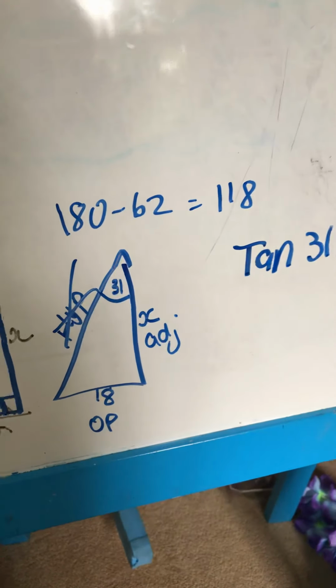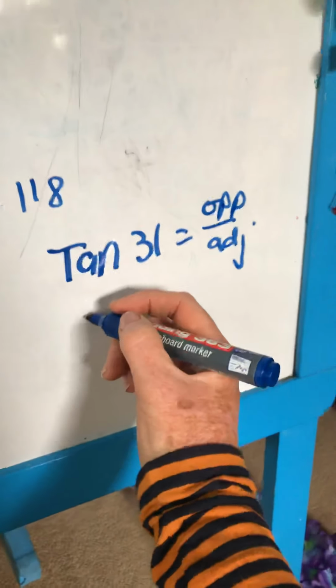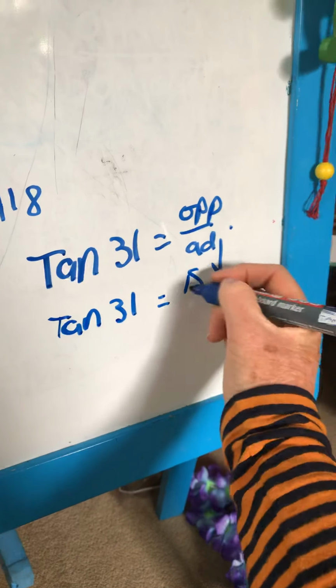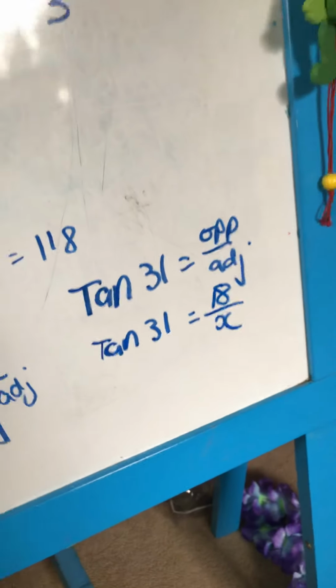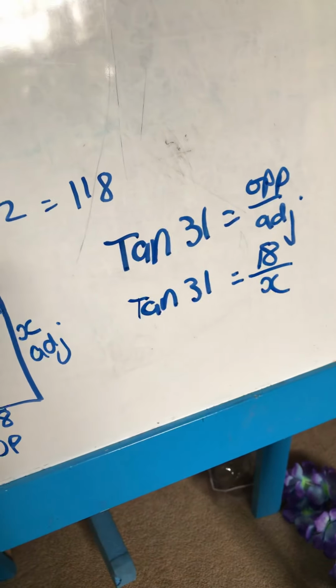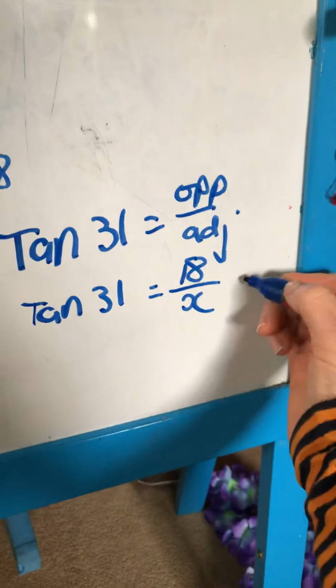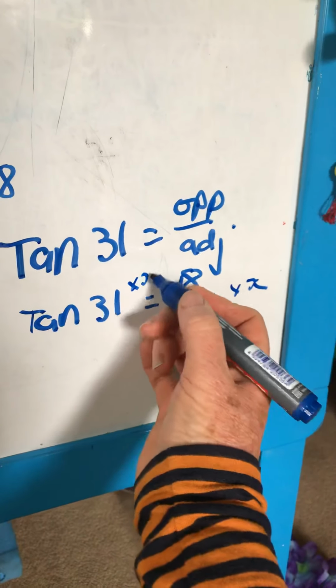And then we just pop our numbers in. Now this one has the adjacent on the bottom. So tan of 31 equals opposite, which is 18, over adjacent, which is x. This one is slightly more difficult. It's just got one more algebra step in it. To get the x by itself, get rid of this fraction form. So times it by x, and we do the same thing to this side, times it by x.